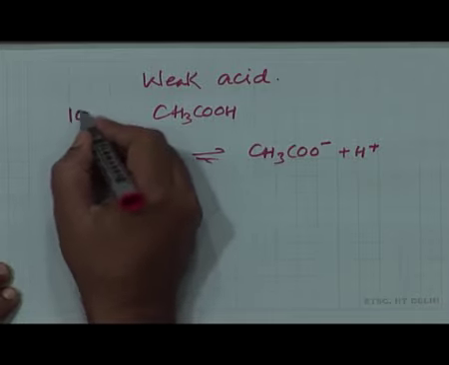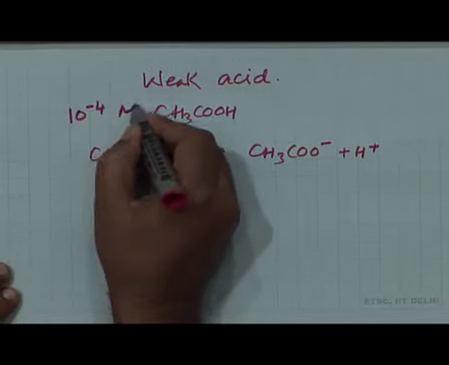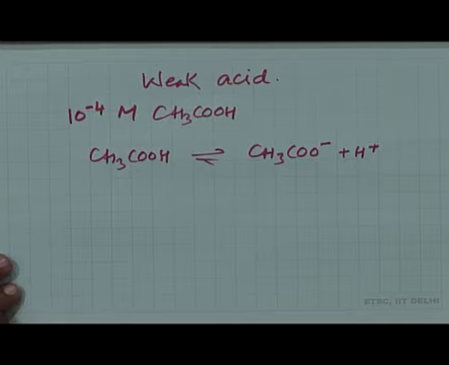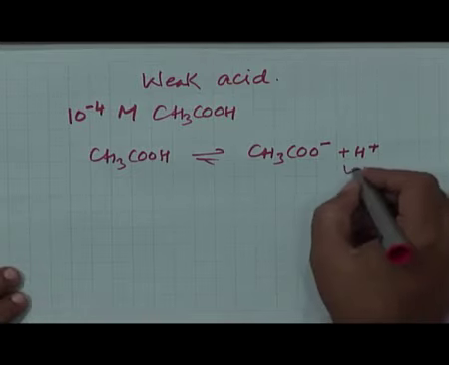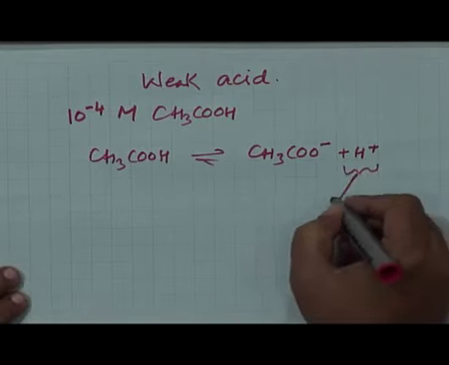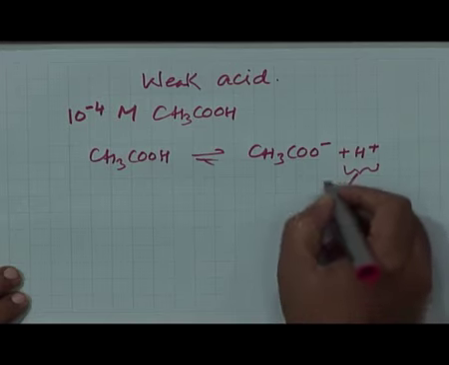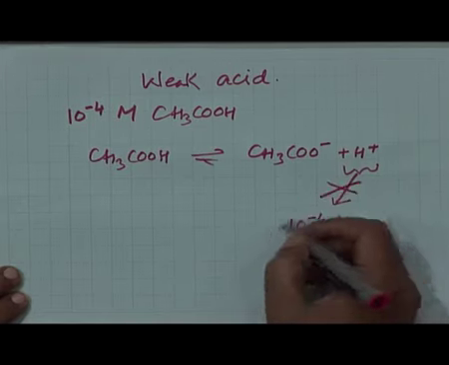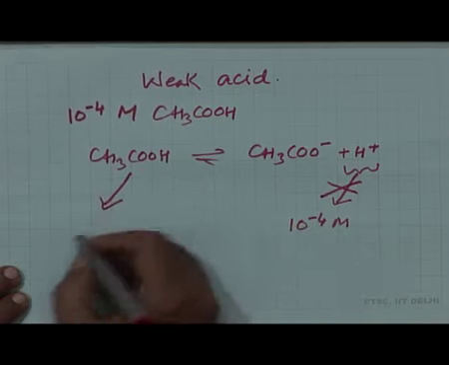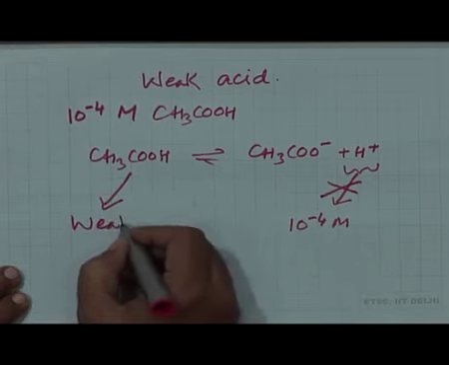So, if I take 10 to the power minus 4 molar acetic acid solution, I cannot say that H plus ion concentration is 10 to the power minus 4 molar. No, since acetic acid is a weak electrolyte.